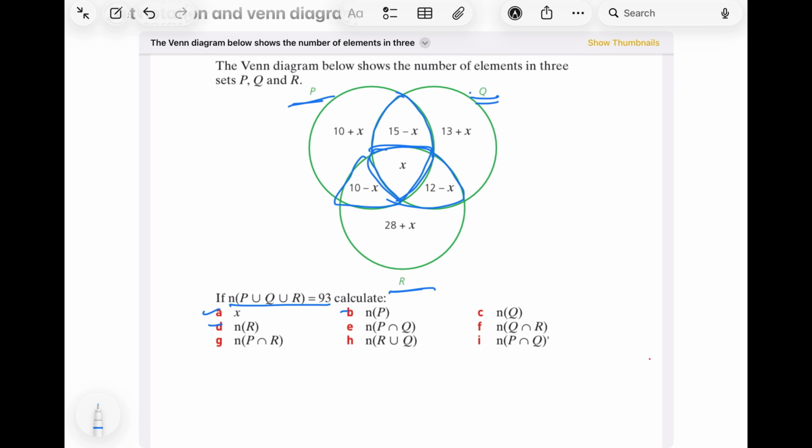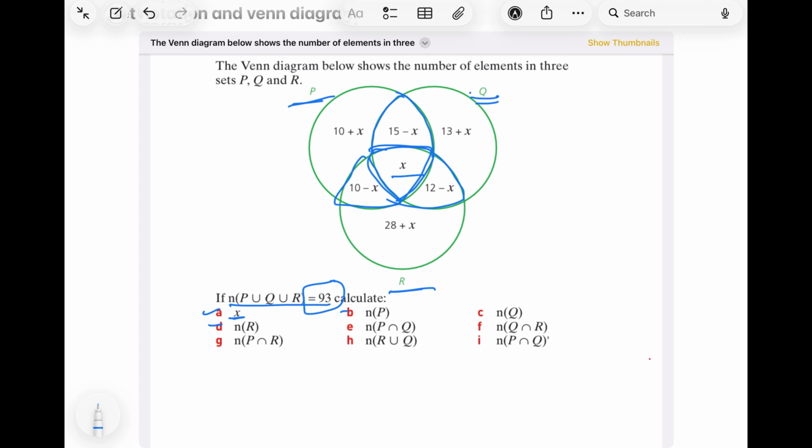So we will start solving that. First we will find out X. How do I find out the value of X? Very simple. We have all the numbers here but in the form of an expression. So if we add all these expressions, we know the total. Yes, the total is 93. So just simply add all the expressions and write them equal to 93.